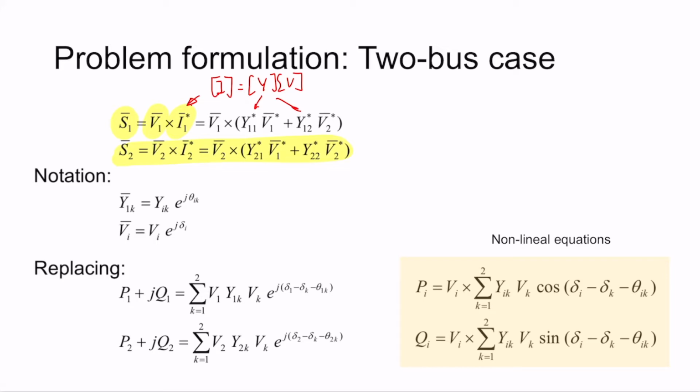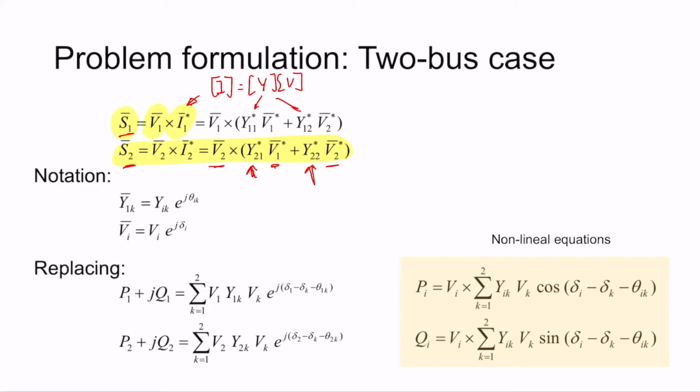So here there is one important observation. If you see here, either S1 and S2, the complex power, depends only on the characteristics of the lines, this is my network, and the voltages. Thus, if the network doesn't change, which usually doesn't change, I can say the power will be a function of the phasor voltage. And this is important because we can say that those phasor voltages are representing the state of the system.